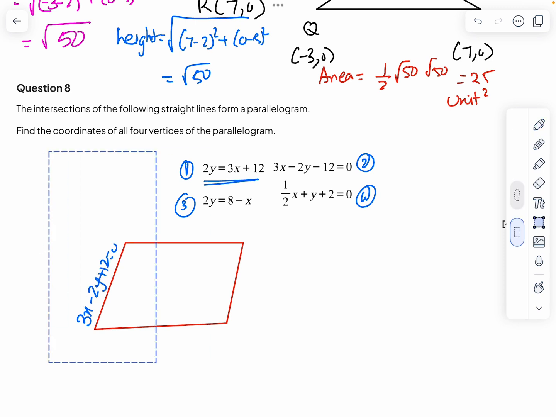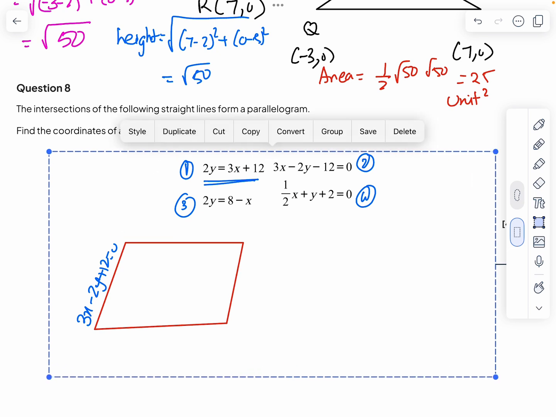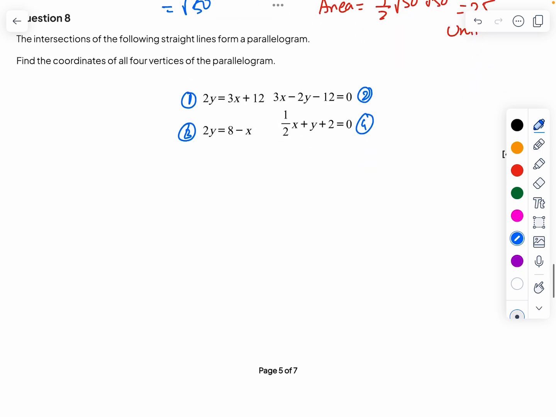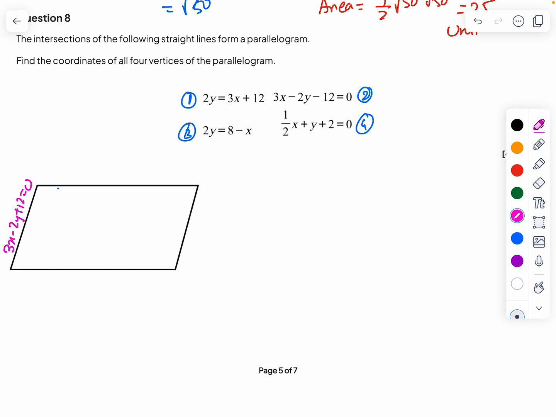So I'll draw neatly once again. This is equation 1, equation 2, equation 3, equation 4. I draw a parallelogram. The first equation is 3x - 2y + 12 = 0.